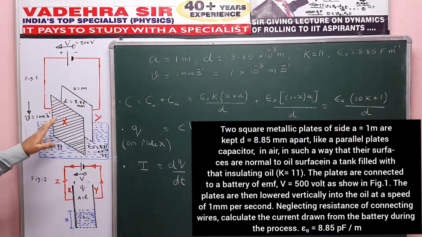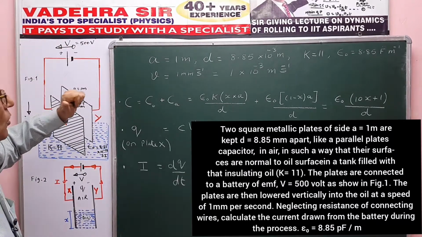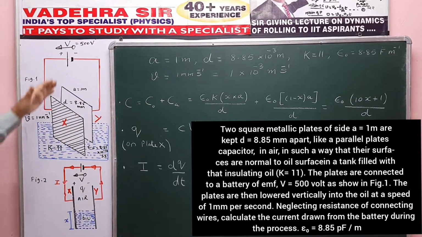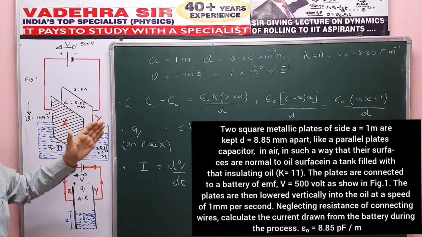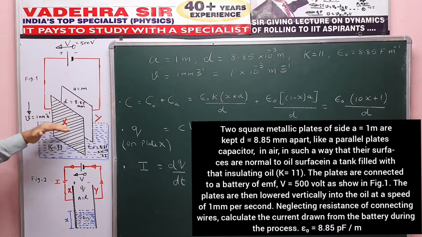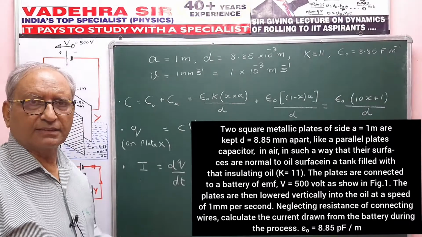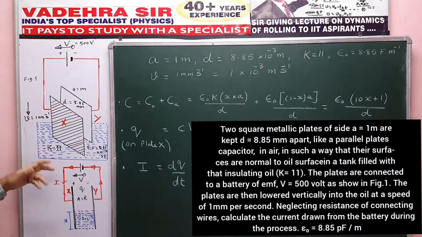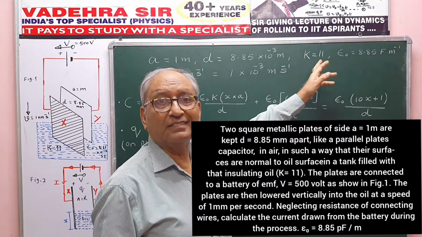This capacitor has a cell of EMF 500 volts that is applied across the plates of the capacitor. The positive is connected to the plate X and the negative is connected to the plate Y. These plates are lowered with a constant velocity V equal to 1 millimeter per second in a container which has an oil of dielectric constant 11.